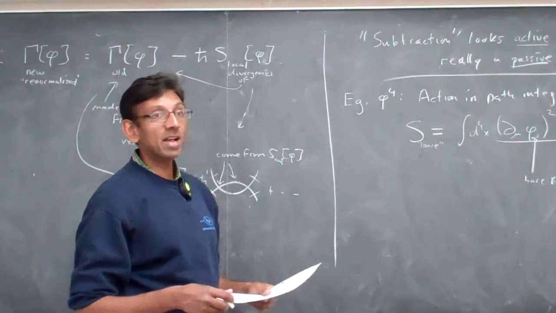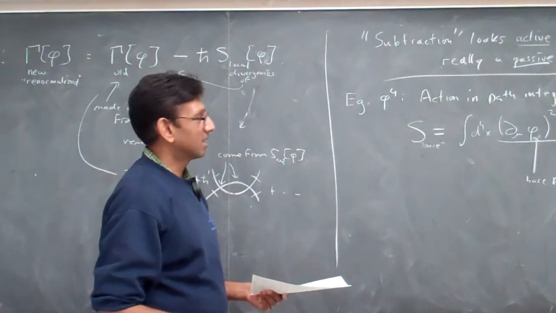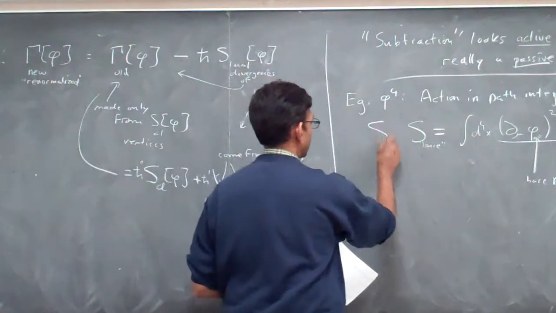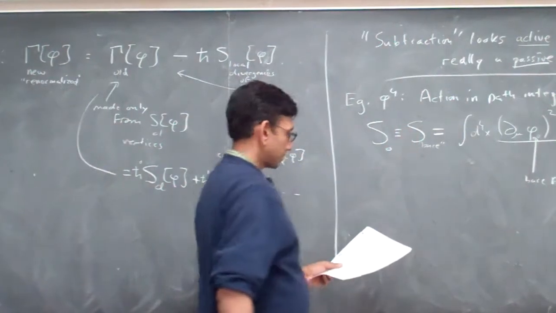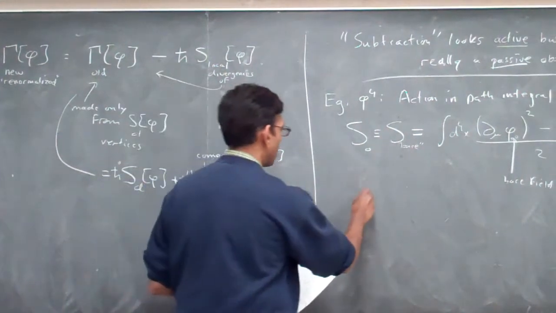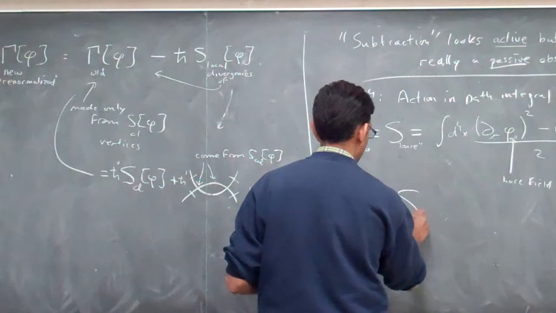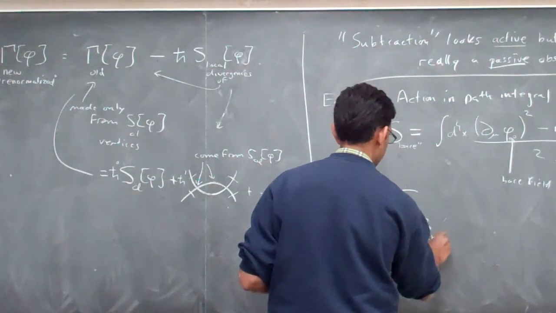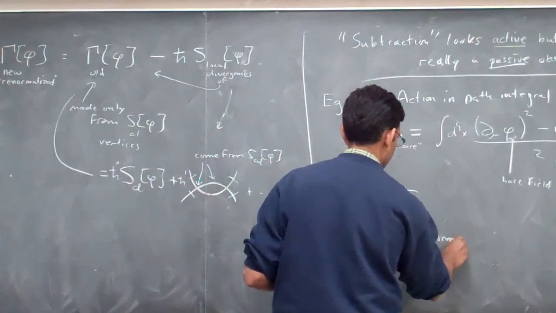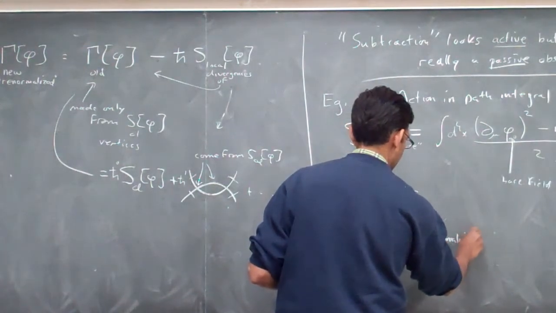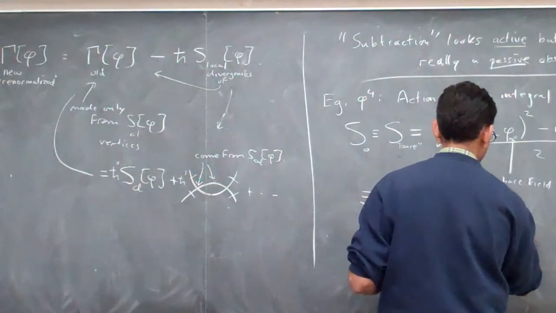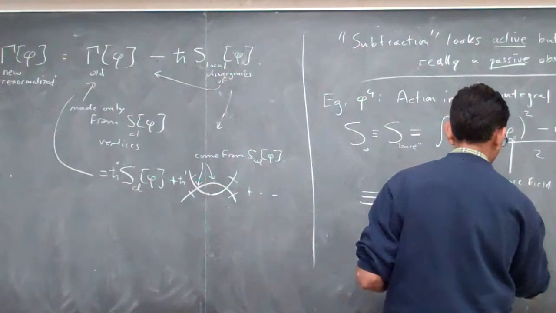But we're going to make an observation that this action can be decomposed. Sometimes it's also written as S naught. This thing can be decomposed as an S_R, or renormalized, plus an S counter, called the counterterm.